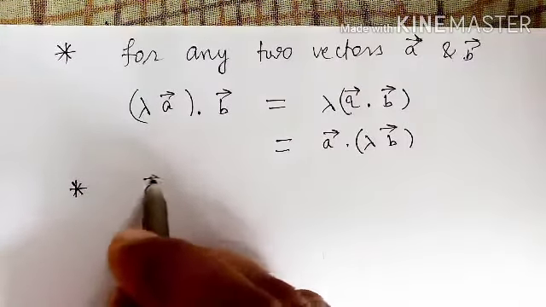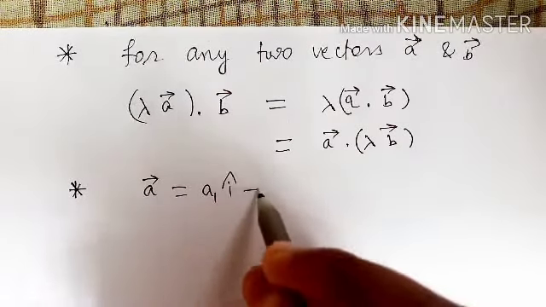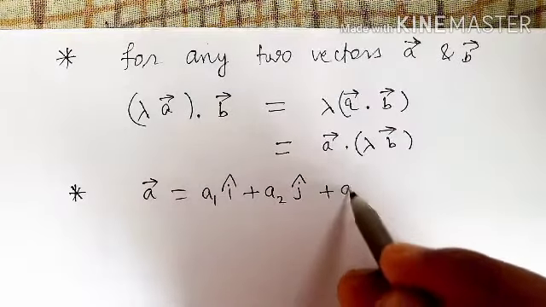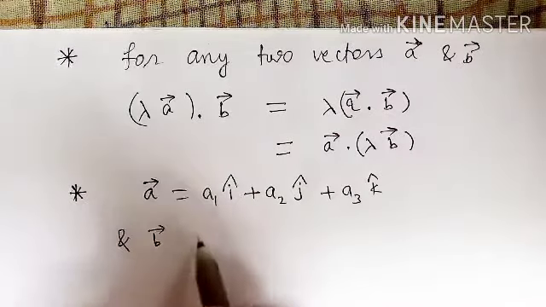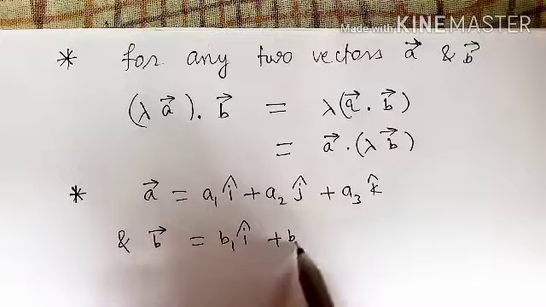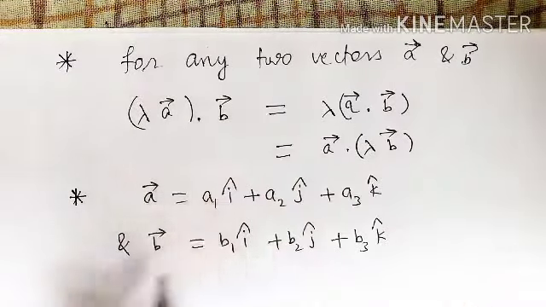Vector A is equal to A1 i cap plus A2 j cap plus A3 k cap, and vector B is equal to B1 i cap plus B2 j cap plus B3 k cap.